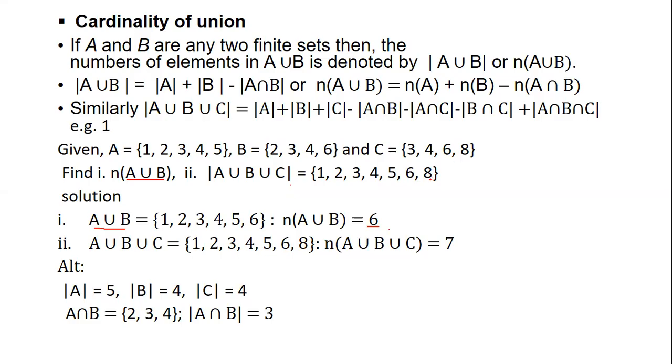So therefore, A union B union C now becomes 1, 2, 3, 4, 5, 6, 8. Then how many are they now? You count them. That's the cardinality. So when you count them, the number of A union B union C now is 7.